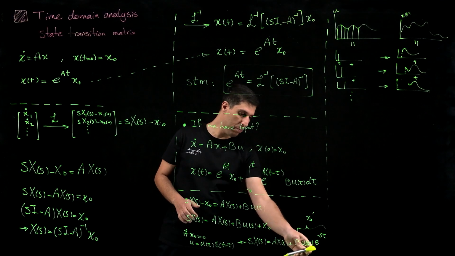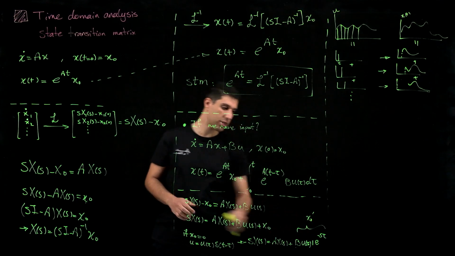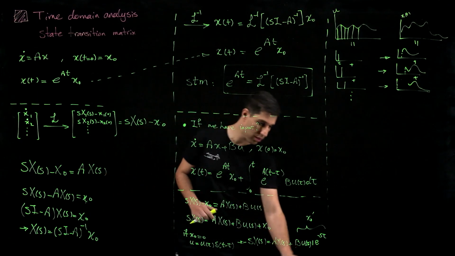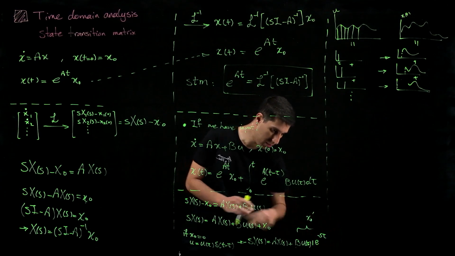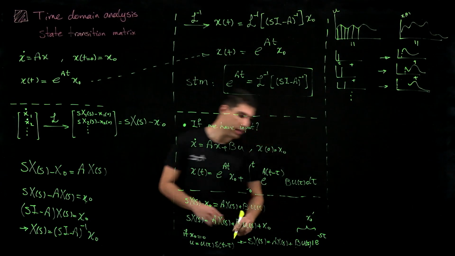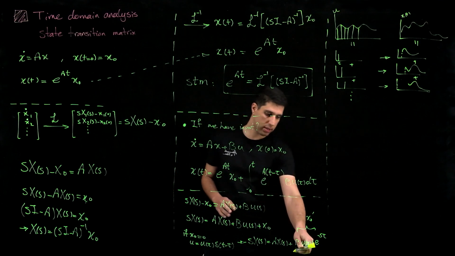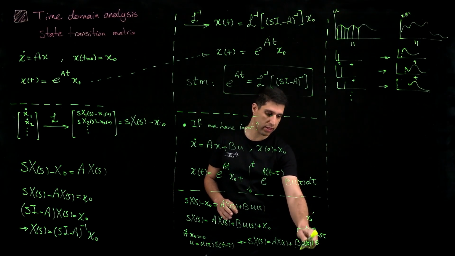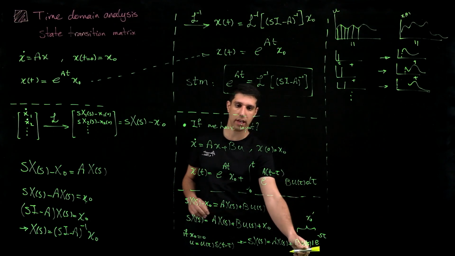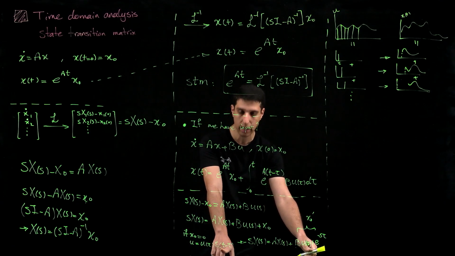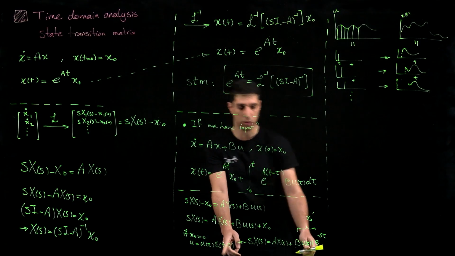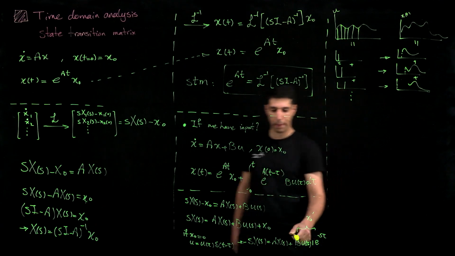Giving it an impulse is equivalent to starting from an initial condition. But note that I have this term that came because of the delay. So it was t minus tau. That's why this showed up.